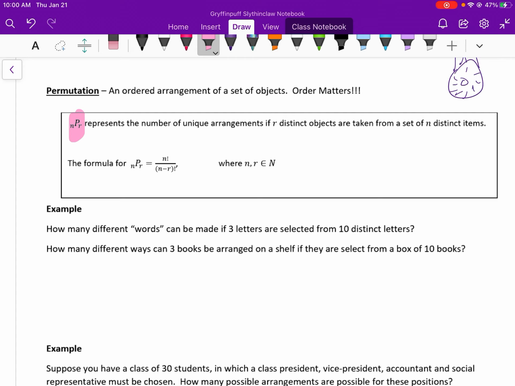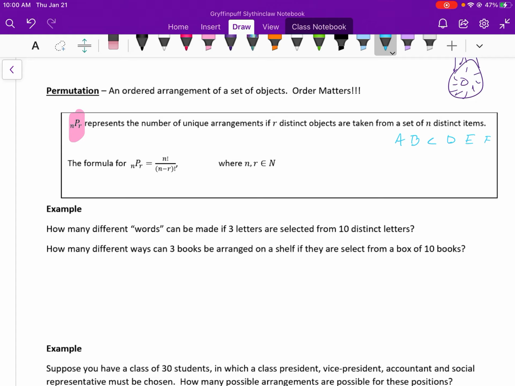So for a permutation, I'm going to get down to the notation. nPr represents the number of unique arrangements if r distinct objects are taken from a set of n distinct objects. We have been doing this before, and it really makes sense if we talk about it in terms of a set.